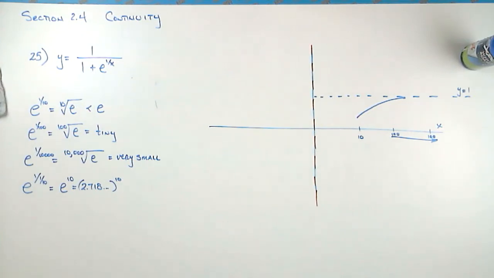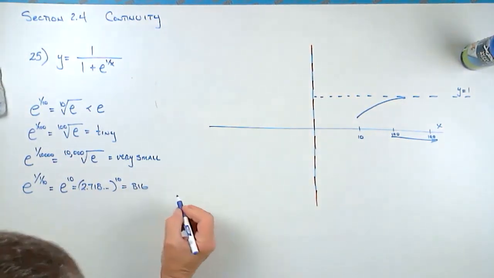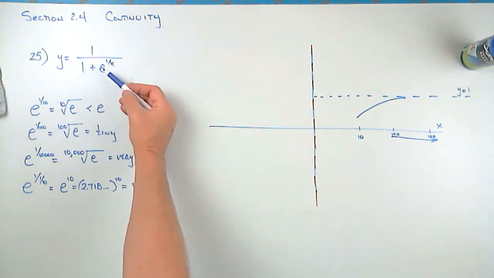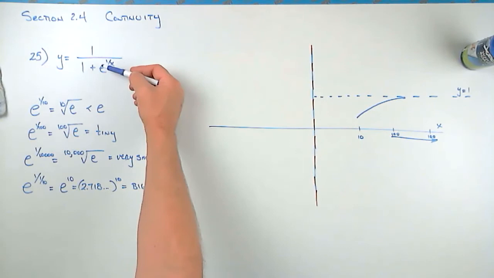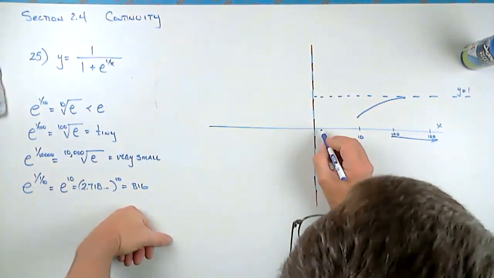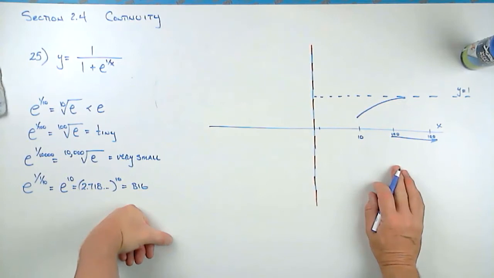That's about 3 to the 10th. That's big. Now I've got 1 plus a big number. That's a big number. 1 divided by a big number is 0. So as I plug in a tiny number here, we're getting closer and closer and closer to 0.